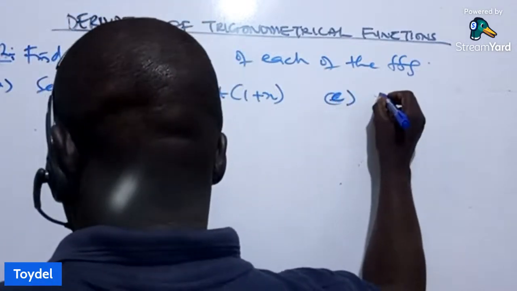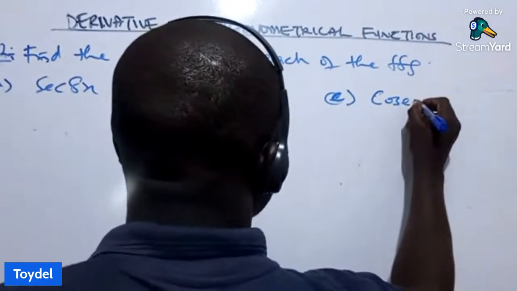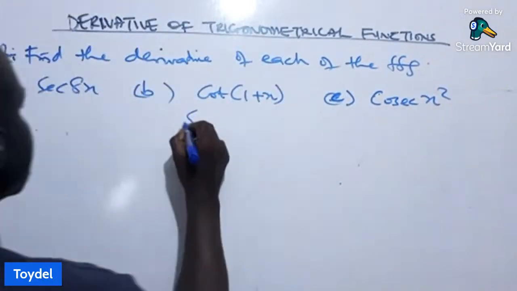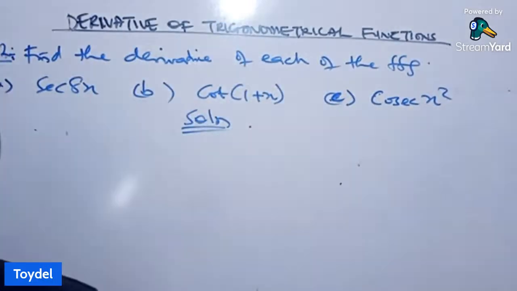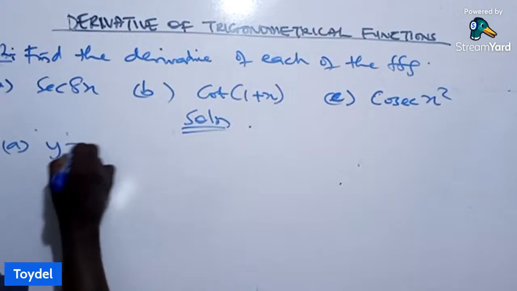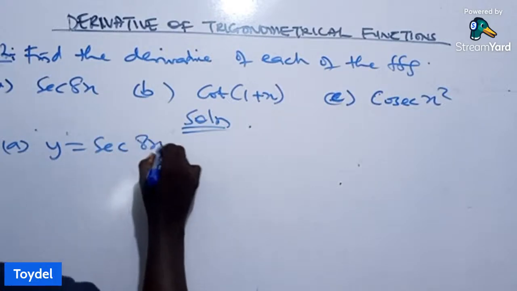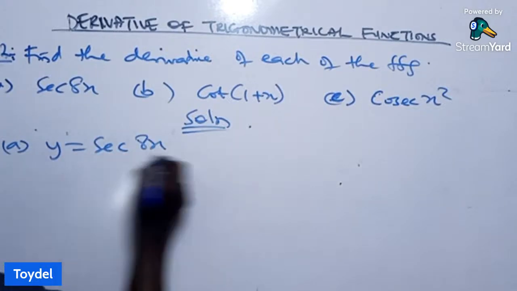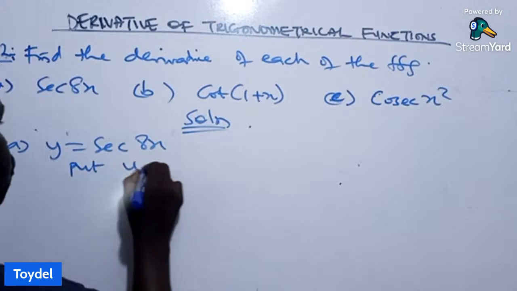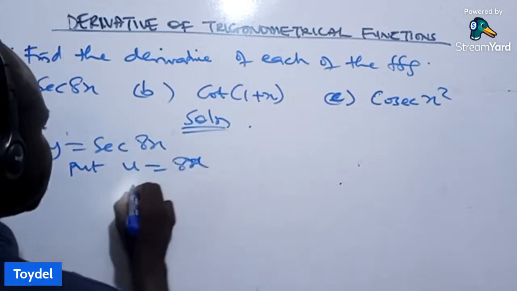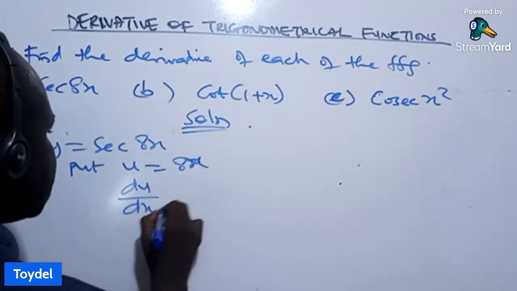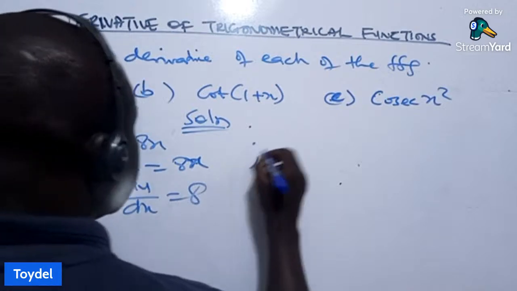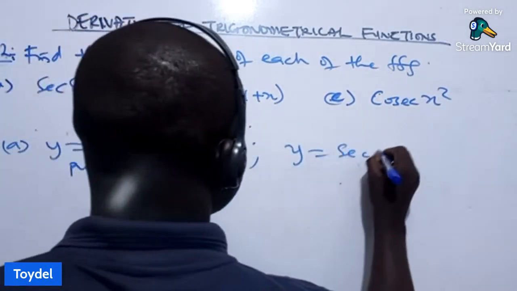So we follow the same process. If y is equal to sec 8x, what we are expected to do here is that we put u to be equal to 8x, so that du dx will be equal to 8. Then therefore y will now be equal to sec u.